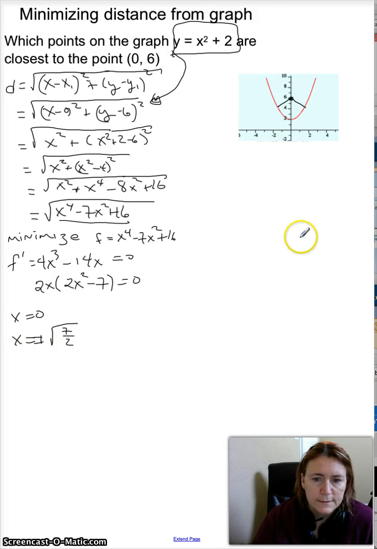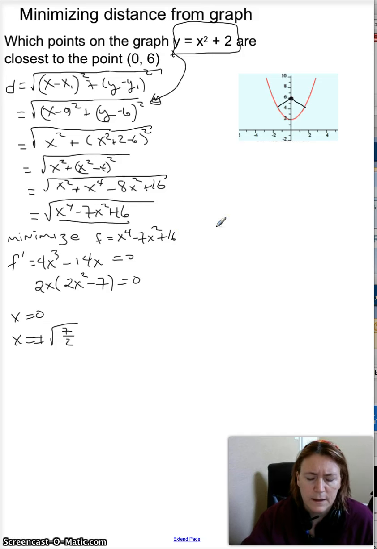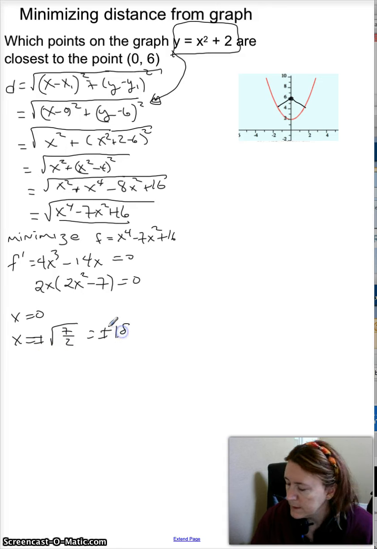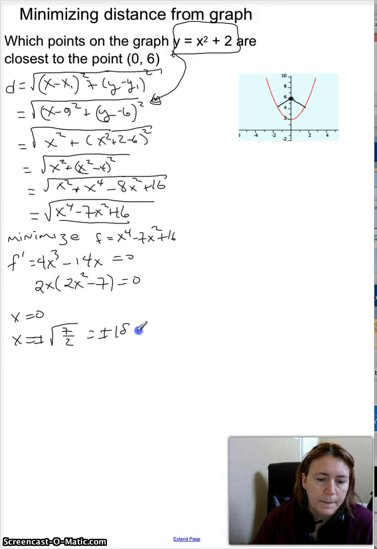Square root of 7/2 is about what? I don't know that off the top of my head. Oh, it's 1.87. Did I get that right? Yeah, 1.87. All right, so let's test our points.